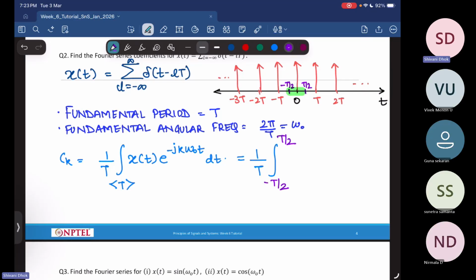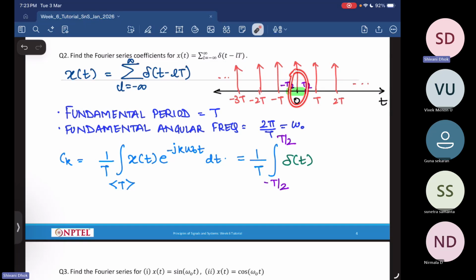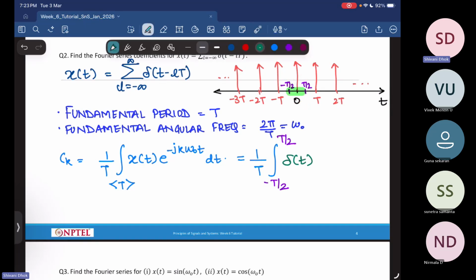Now in this period, what is the value of my x of t? x of t is nothing but your unit impulse delta t, which is located at t equal to 0. And then your other thing remains as it is, e power minus j k, your omega naught is 2 pi by t, into small t dt.